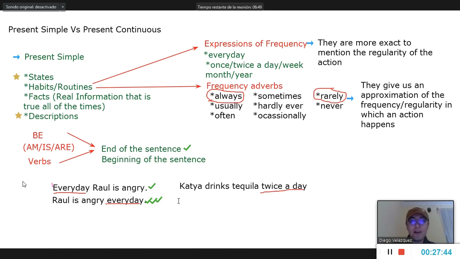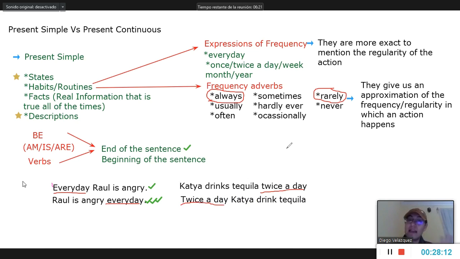My goodness, Katia is very alcoholic in this group. But well, you can also do it at the very beginning. Whatever option, could be with verb to be, could be with verbs, but these expressions that are very specific on the regularity are at the end or at the beginning, okay?